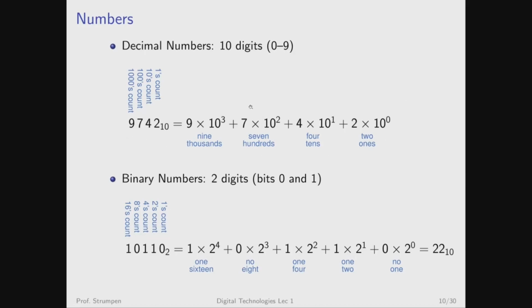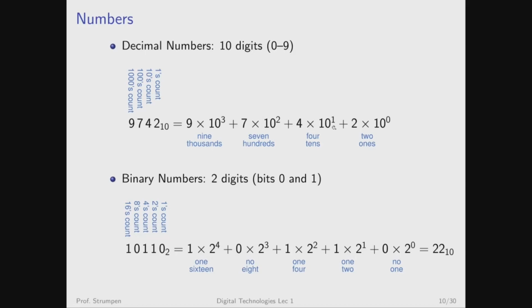And you can write this count as a weighted sum, according to which the 2 counts ones. There are 2 ones. 1 is 10 to the power of 0, and anything to the power of 0 is 1. The 4 counts tens.